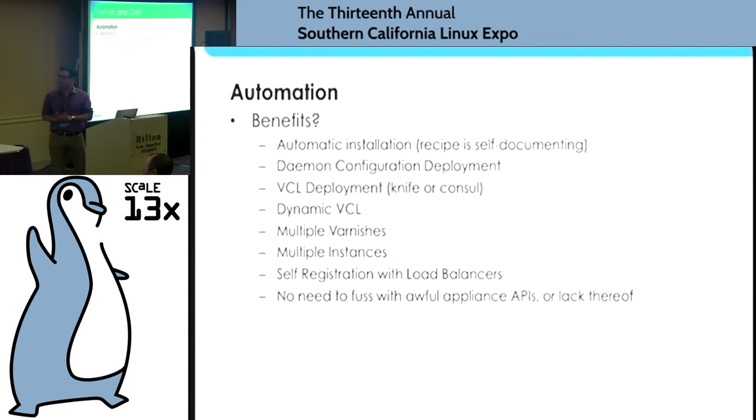One good thing about thinking about automation with Varnish is that if you have a traditional appliance like F5, right, you've got a Big-IP, and you've got to go in and use the interface. We've got a lot of nodes in our F5, and once you get to hundreds or thousands, you start to run into really slow response times from that interface, and so you've got to maybe resort to the command line to get those things done. The APIs aren't always nice, but we're basically saying put Varnish in front of everything.